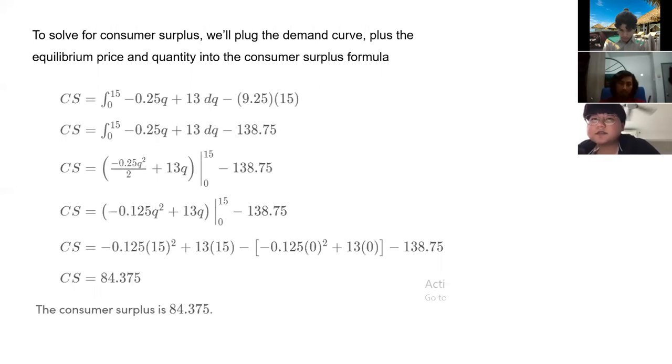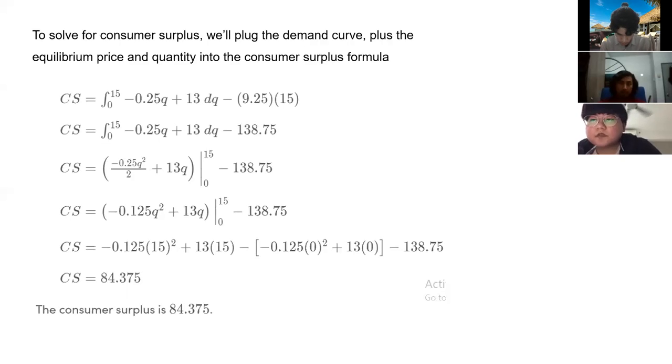Next. To solve for consumer surplus, we will plug the demand curve plus the equilibrium price and quantity into the consumer surplus formula. So CS equals the integral from 0 to 15 of negative 0.25Q plus 30 dQ minus 9.25 times 15.